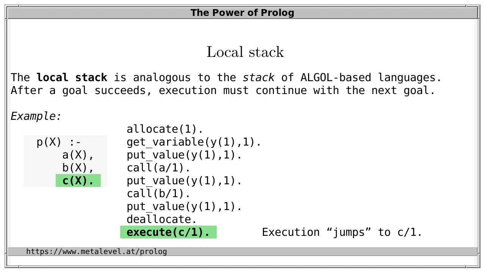And we also see that a different virtual machine instruction is used for the last goal, namely execute instead of call, which in effect means that execution jumps to the definition instead of calling it and then returning. And jumping to the last goal is justified because there's nothing else left for this clause other than proving the last goal.